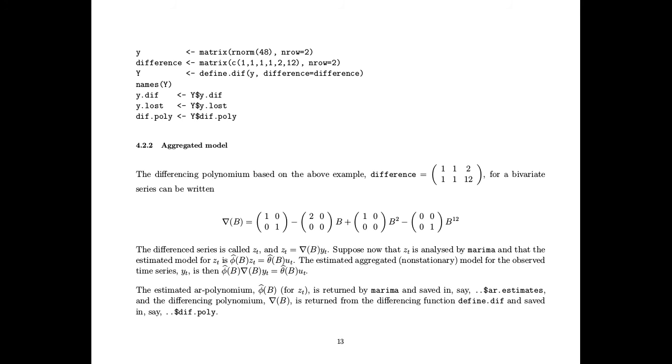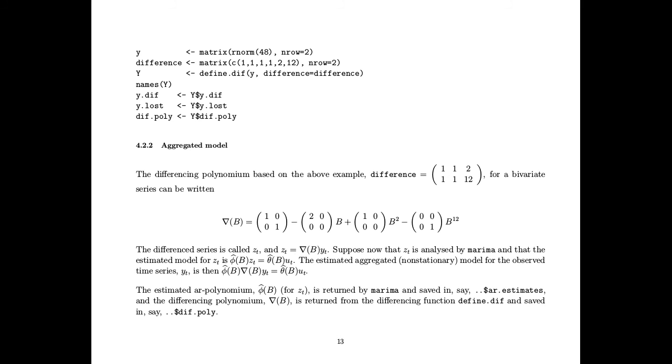We'll label this nabla of B. If you define zt as nabla of B on yt and then fit an ARIMA model to this, that gives us an AR part.